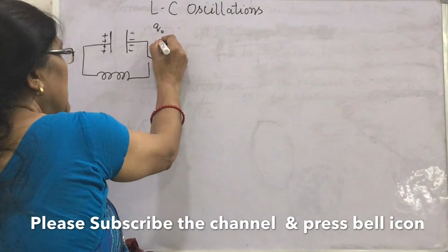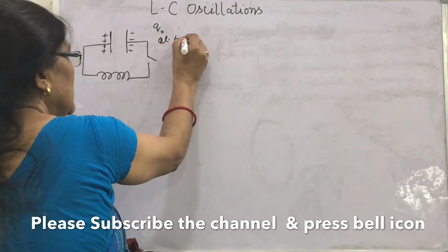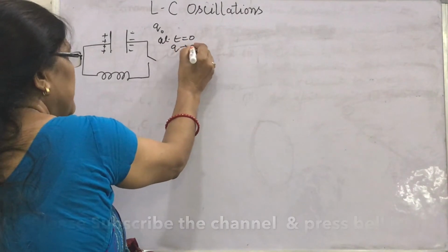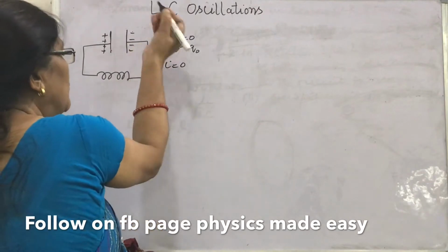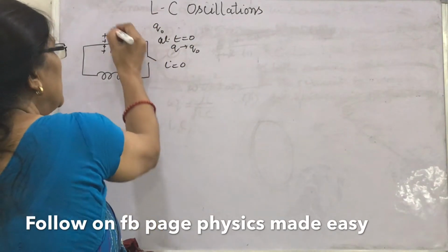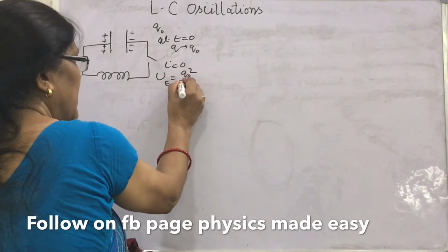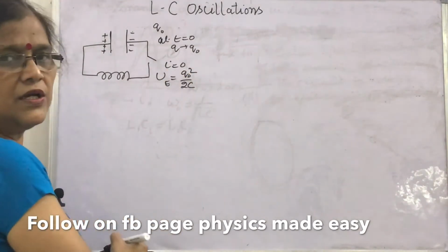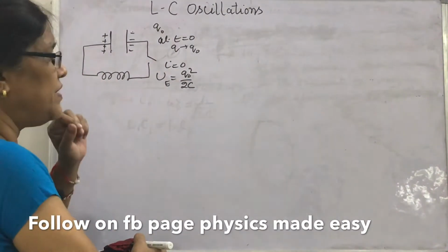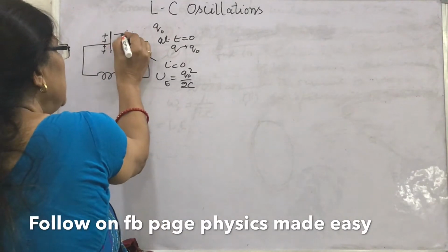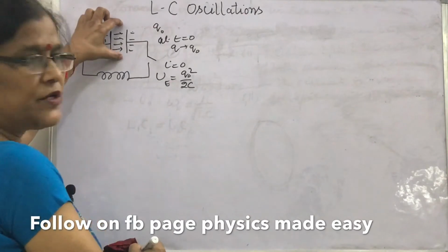In the beginning, at t equal to 0, initially the charge on the capacitor is Q naught and I is 0. So what is the total energy here? Only the electrical energy UE, that is Q naught square upon 2C. There is no current through the coil, so no magnetic energy, no magnetic field, and the electrical energy of the capacitor lies in the plate gap.